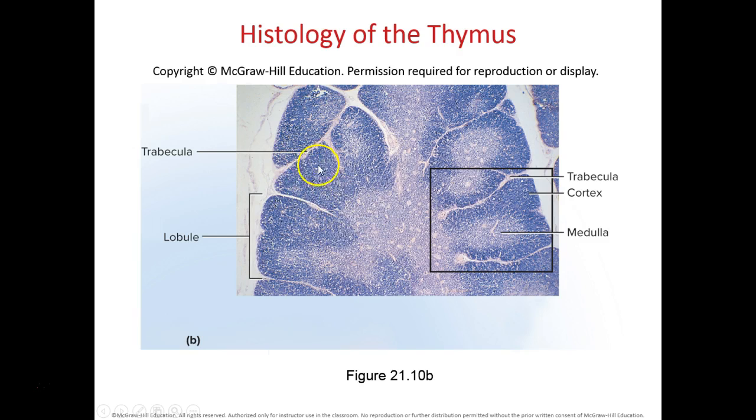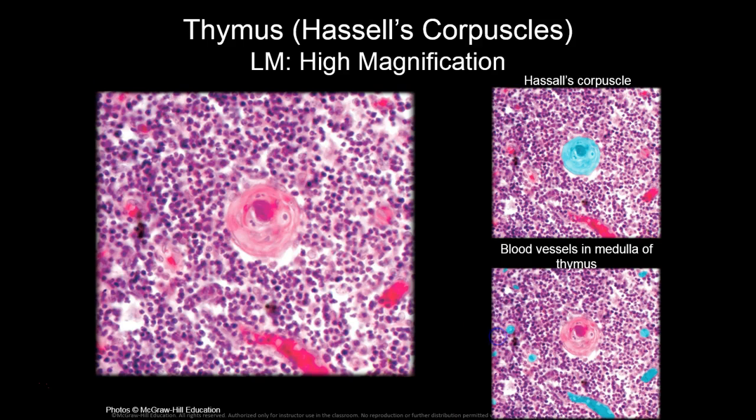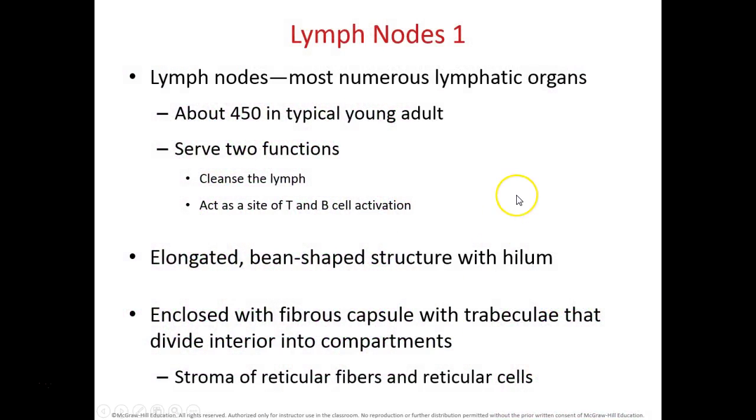You can see the different lobes, right, in that part. All right, here's some other pictures just showing you the lobes, the septa, and the cortex versus the medulla. Here you can see some of these corpuscles that are also in the thymus.